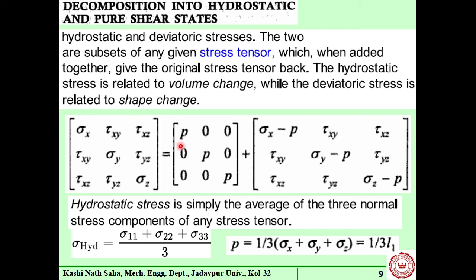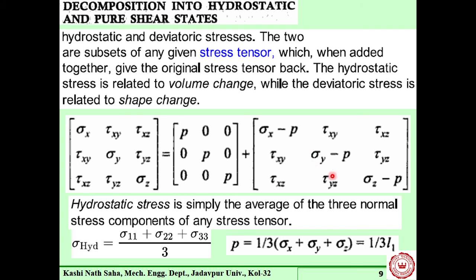Okay. And what about this thing? This is the remaining quantity. You manipulate this one and this one: the given state of stress matrix minus this hydrostatic stress matrix. This is what we have written here.